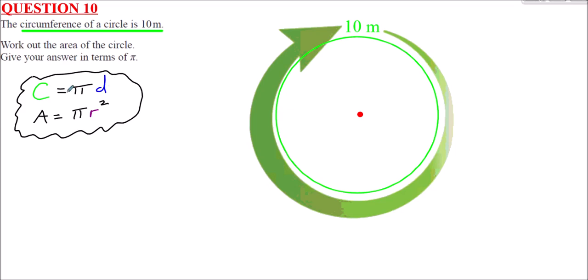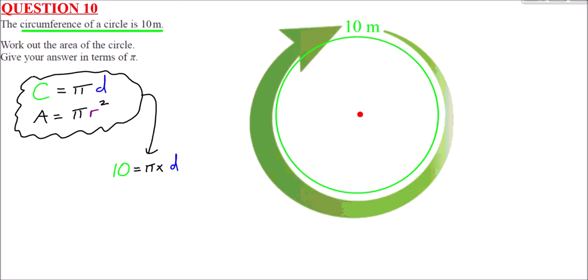So we can substitute into this formula because we know the circumference is 10. So circumference, which is 10, equals pi multiplied by the diameter. Therefore, I can work out what the diameter is. The diameter is all the way from one end to the other of the circle.